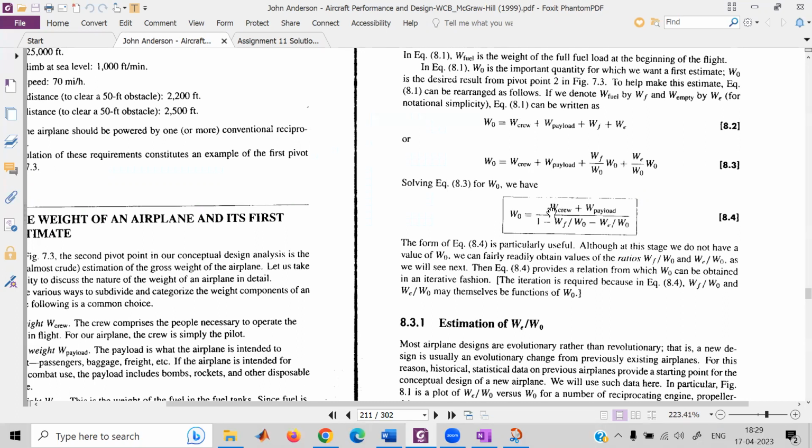So imagine W crew plus W payload getting multiplied by a certain number. Let's say the total weight is 500 kg for the numerator. Then the total aircraft will be an amplification of that number, 500 kg. So if you increase the crew and payload weight, let's say by 10 kg, your total aircraft weight will increase quite a lot, right, in terms of actual kgs. So I emphasized this during that session also.